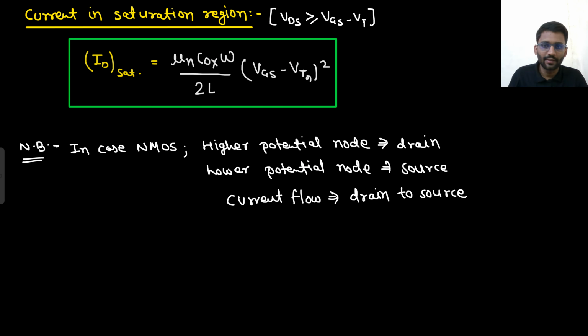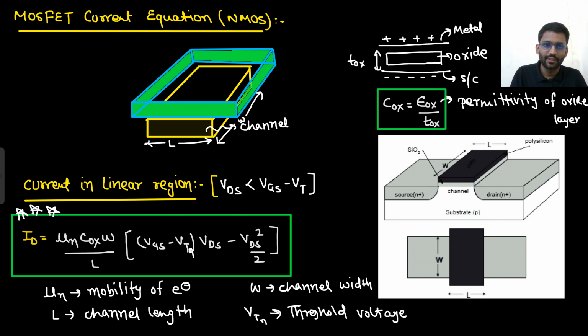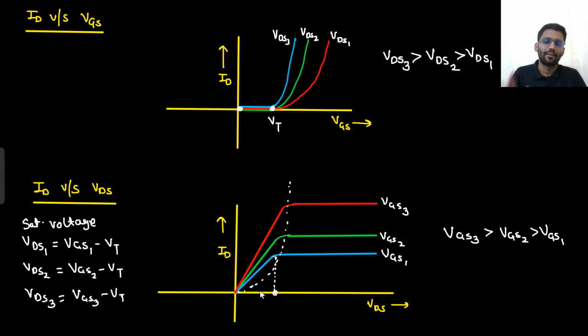In these 2.5 hours of study, these things will be used for circuit analysis. But you should be conceptually sound: how current is coming, in what region, and which potential I should apply. In case of PMOS, drain and source should be positive. Okay, so these things you should know.